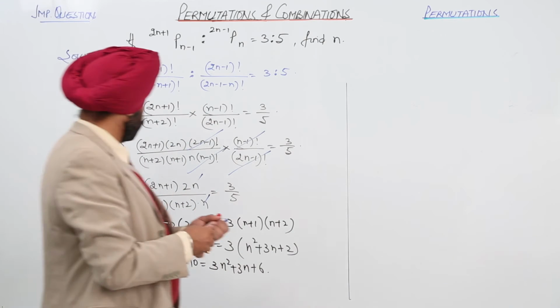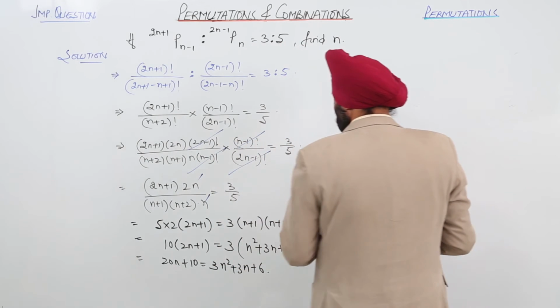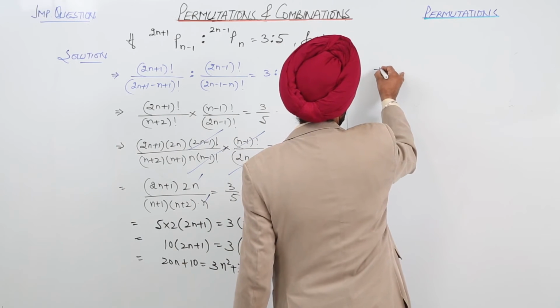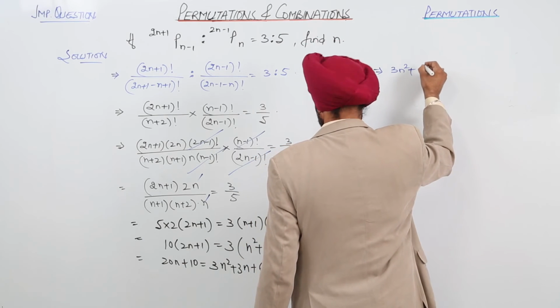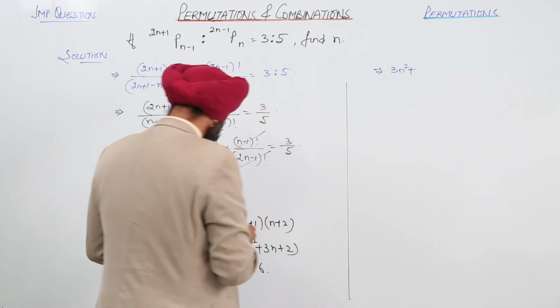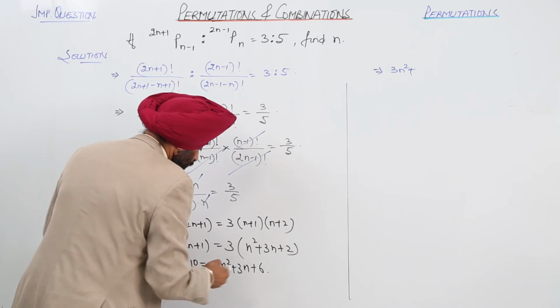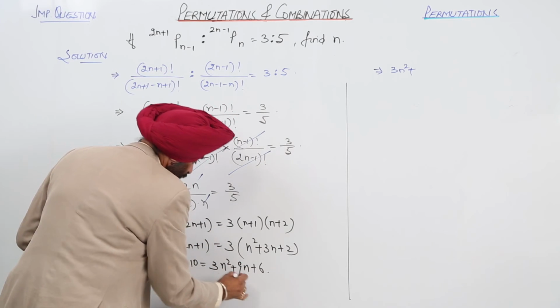Okay. Now, three n square, sorry, here it will be 9n. Okay.